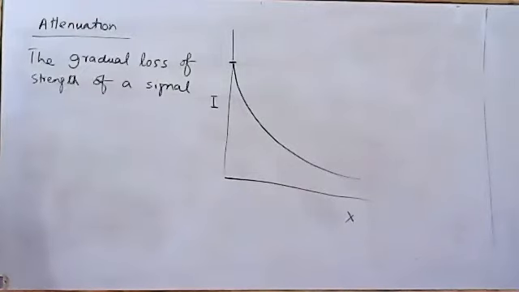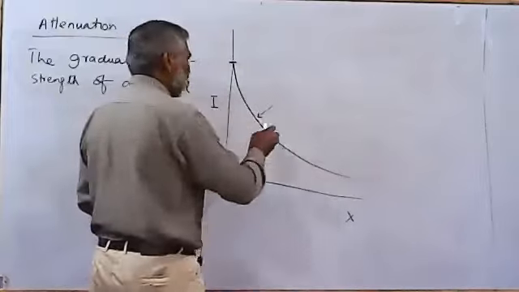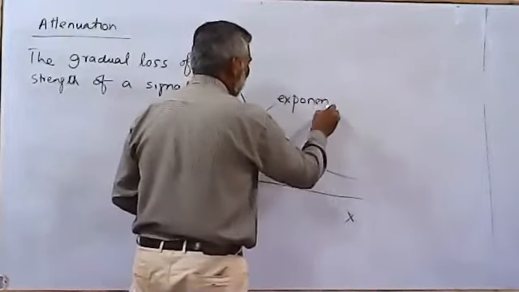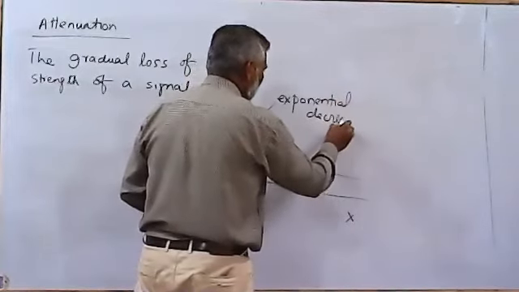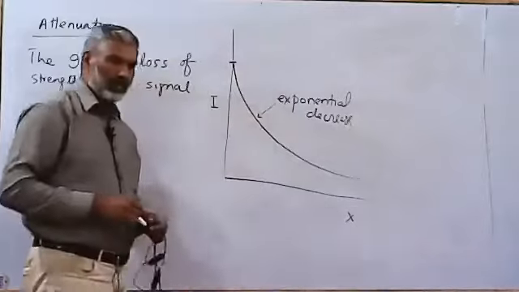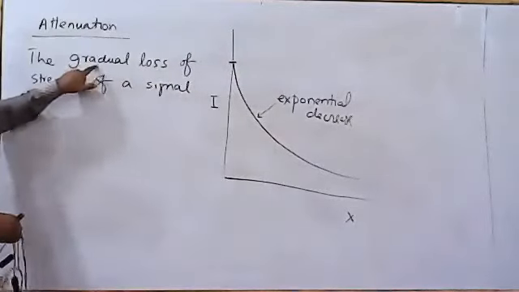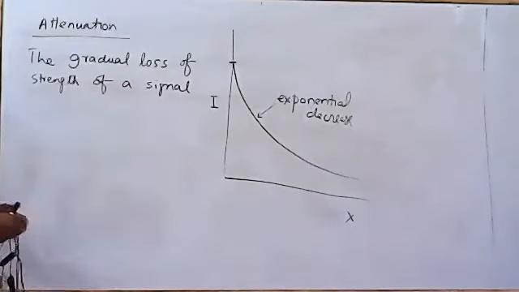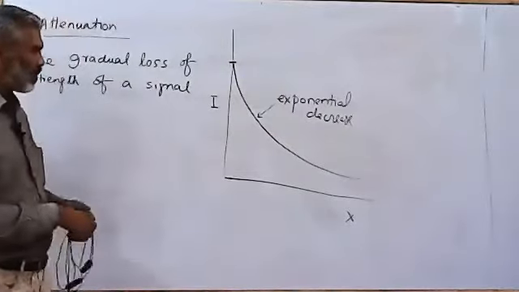And this type of graph means it is an exponential decrease, which means gradual decrease. In simple language, exponential is gradual decrease or gradual loss in the strength, in the intensity of the signal which has entered a particular part of the human body.